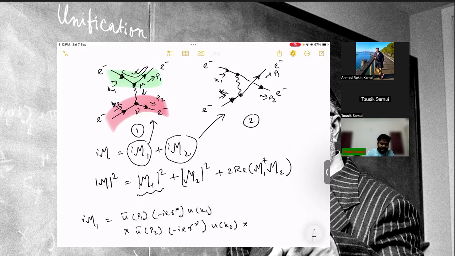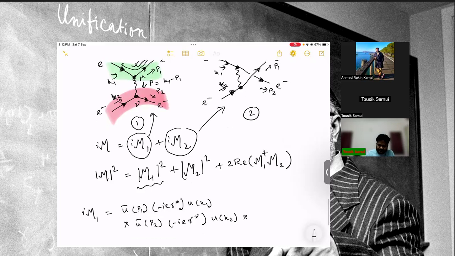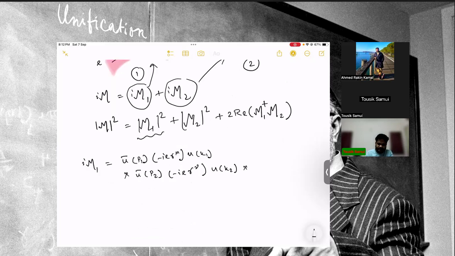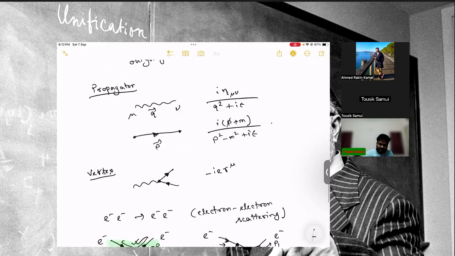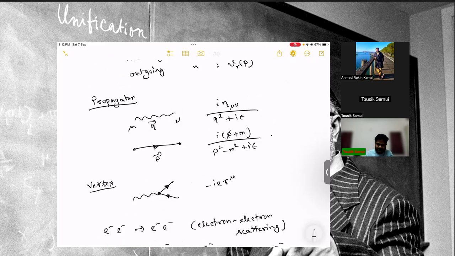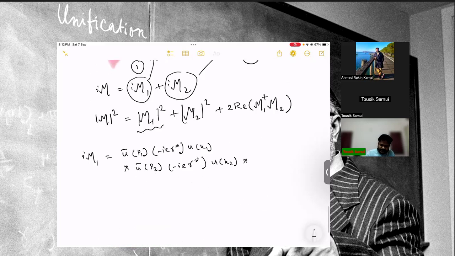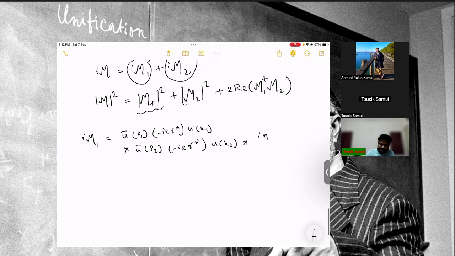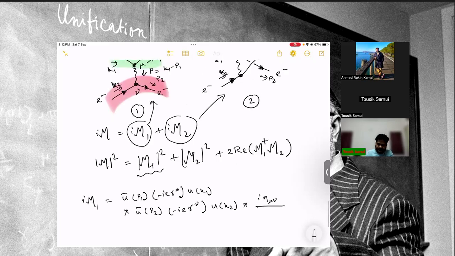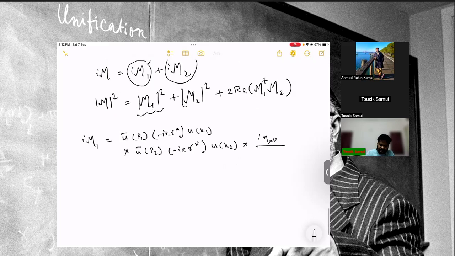And then we have the propagator, which is here. Let us call its momentum q, which after momentum conservation becomes k1 minus p1. The rule was i eta mu nu over q squared, so i eta mu nu over k1 minus p1 whole squared, with the i epsilon.